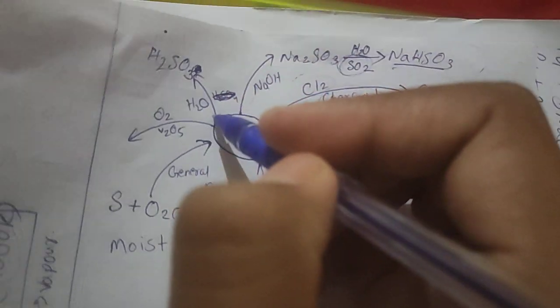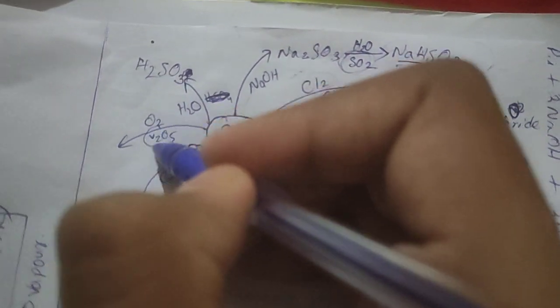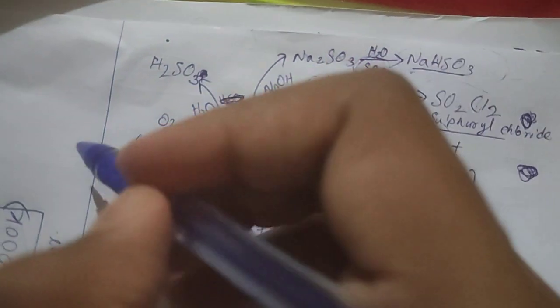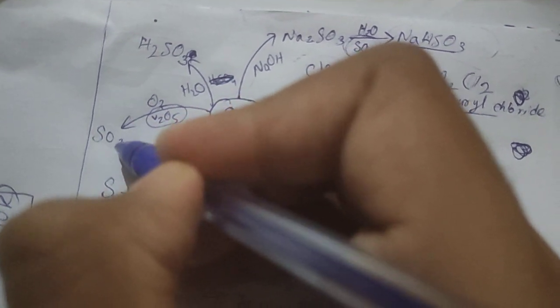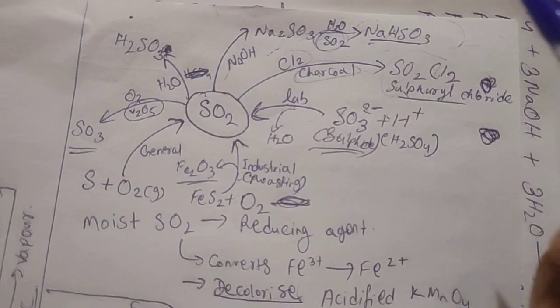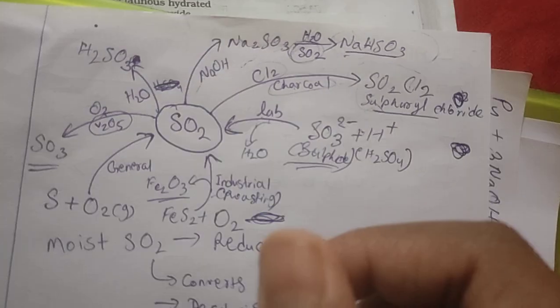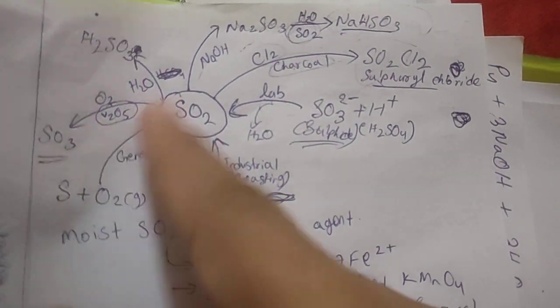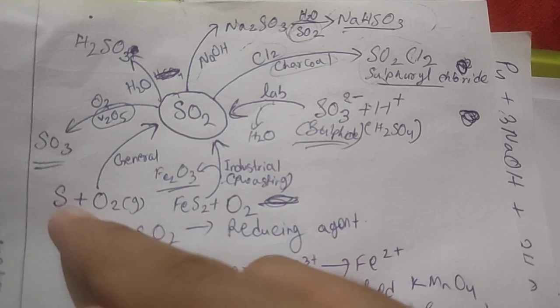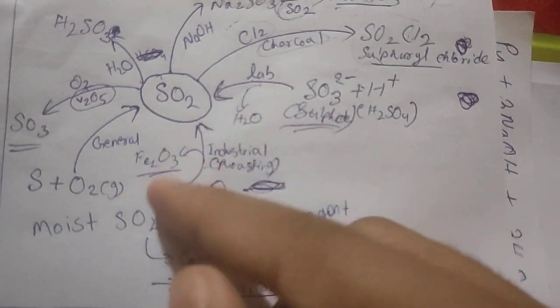And it oxidizes, right, this we use generally to oxidize, transforms into SO3. Now these were the reactions. So again, just revise. Preparation from general, industrial, lab. General is burn sulfur in air.